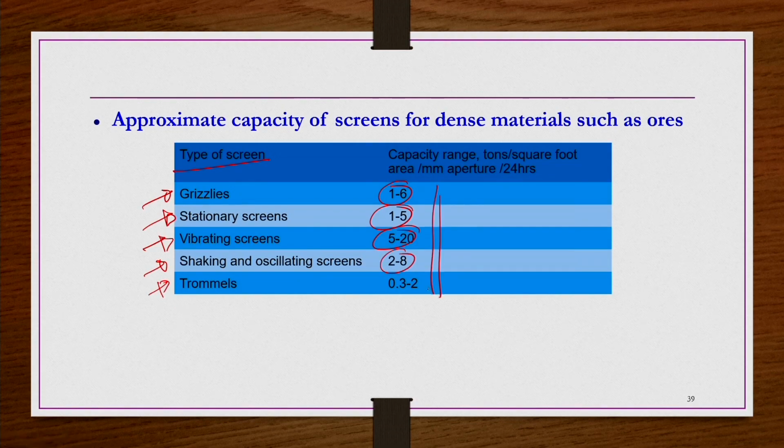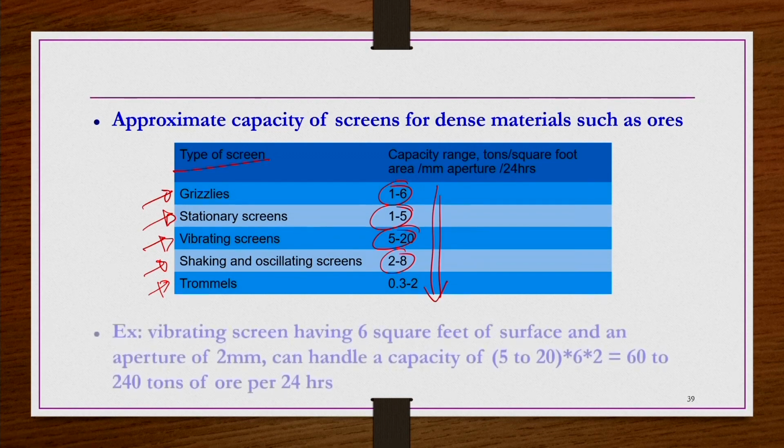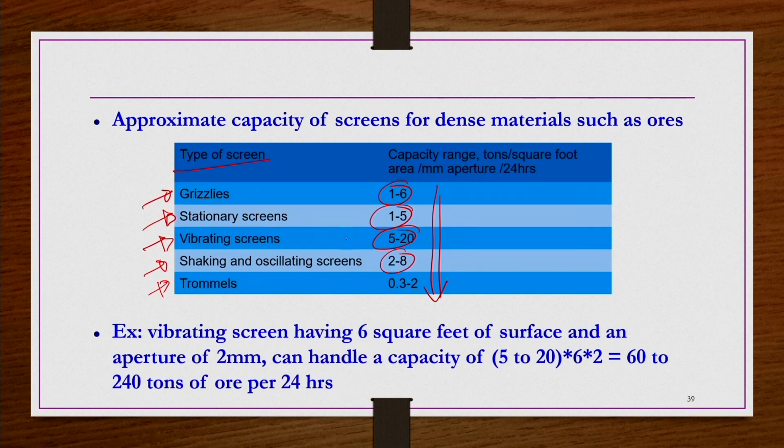How do we convert them into a number, how much weight can be handled per hour or per day? Let us say a vibrating screen has 6 square feet of surface area and an aperture opening of 2 mm.